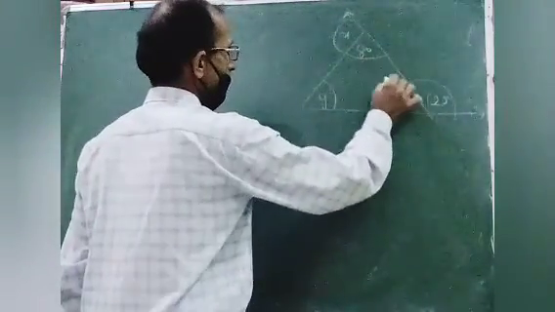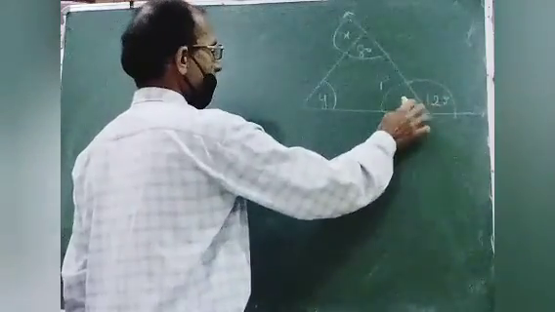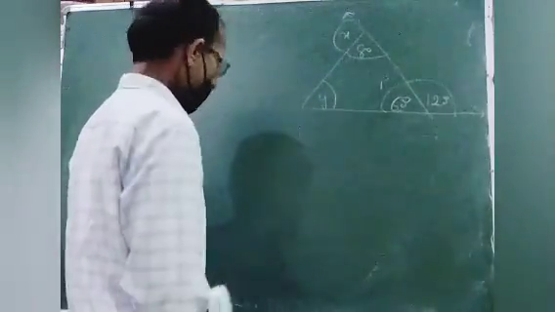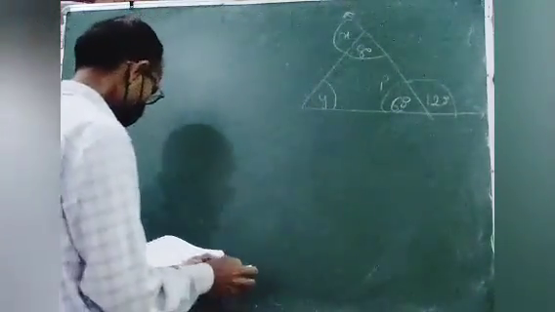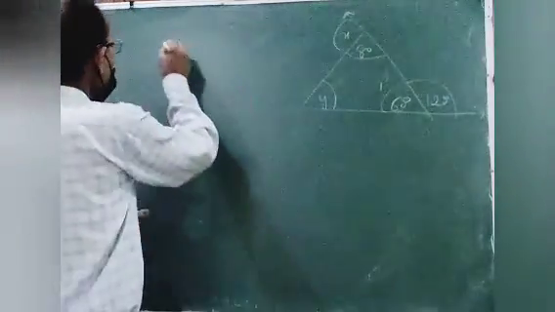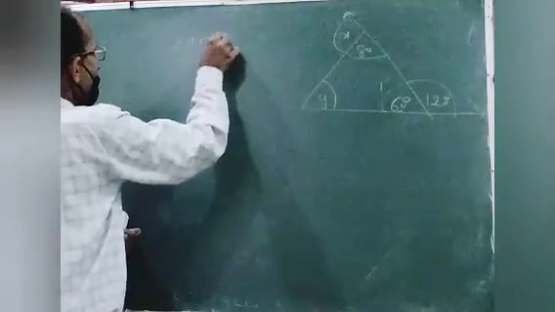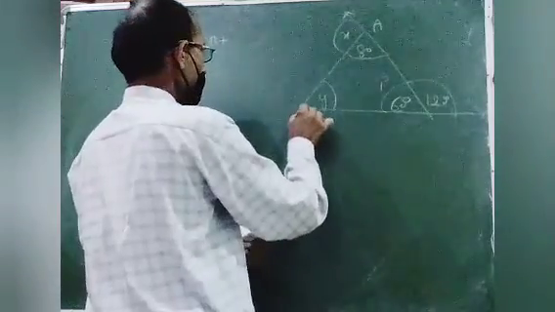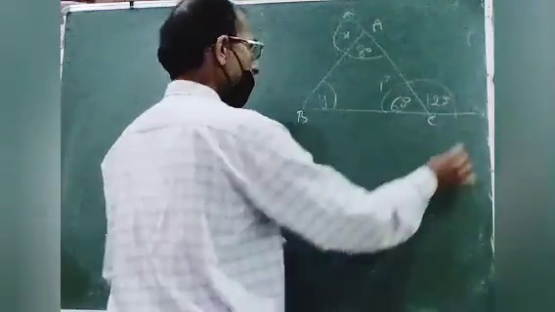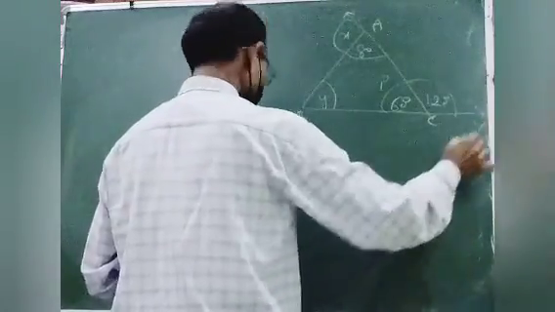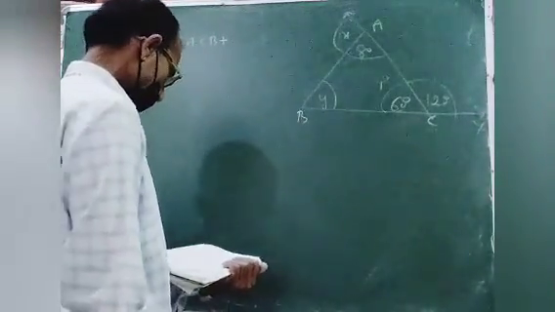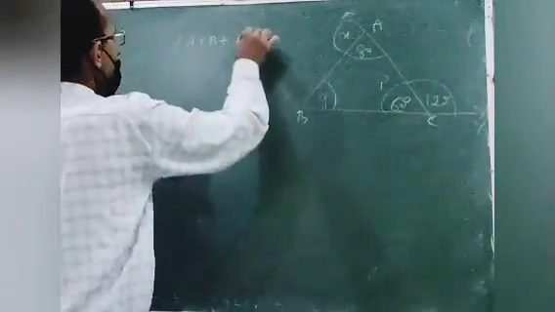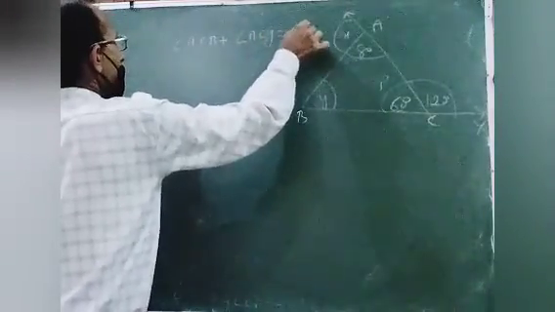So this is a straight angle. First find the measure of this one. 180 minus 120, so this will be 60 degrees, because it is a straight angle. Solution: let us name the points, here is A, here is B, here is C, and this point is Y. So angle ACB plus angle ACY is equal to 180 degrees.